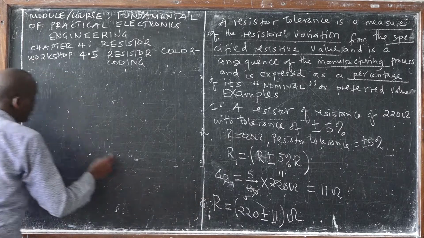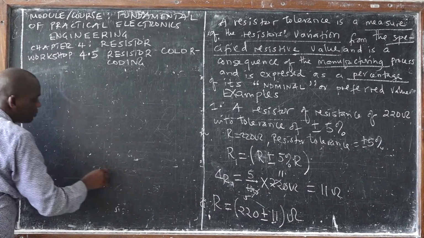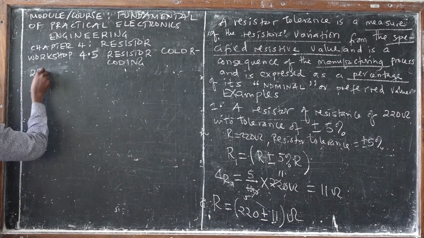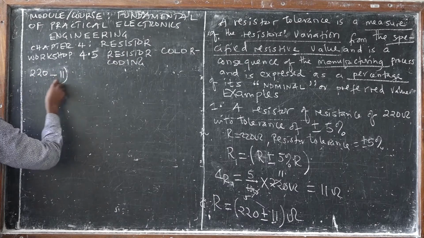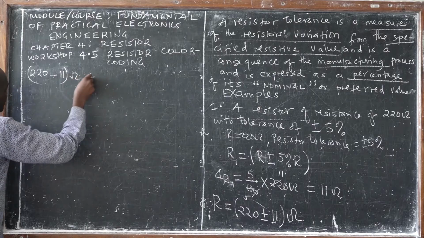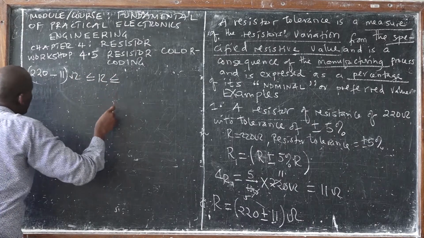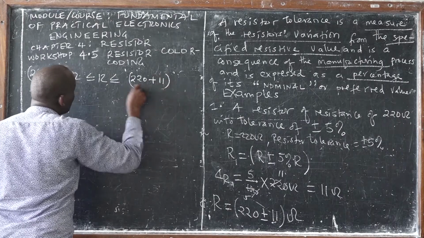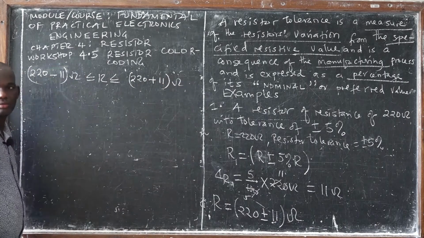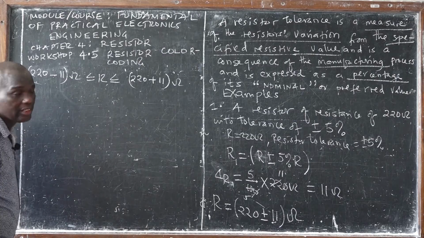So this value we may also write in terms of inequality. We can write that 220 minus 11 ohm is less than or equal to R, less than or equal to 220 plus 11 ohm. Are we together?